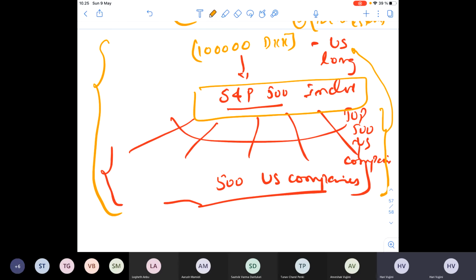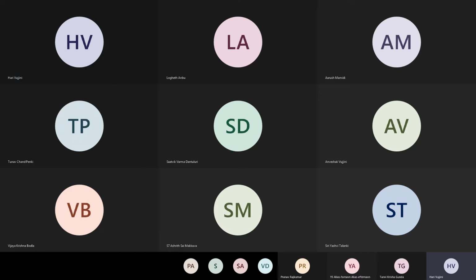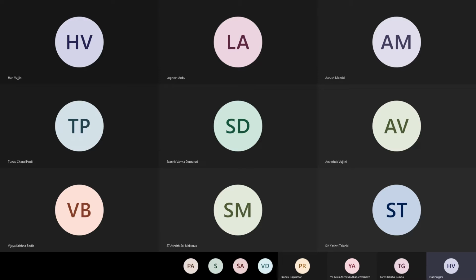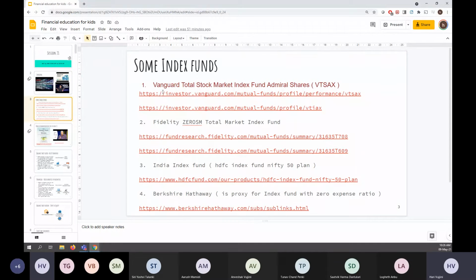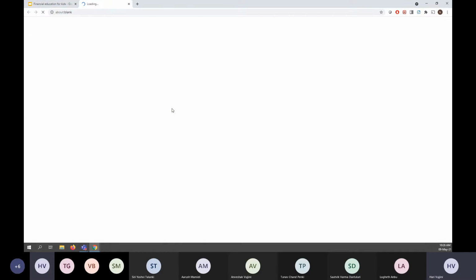Does this make sense? Maybe I can show you how one can do this. So just a second. These are a few options I can show you here. I gave you the link here, Vanguard Total Market Index Fund. If you just click it here.